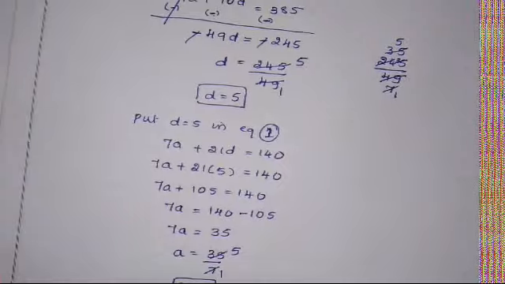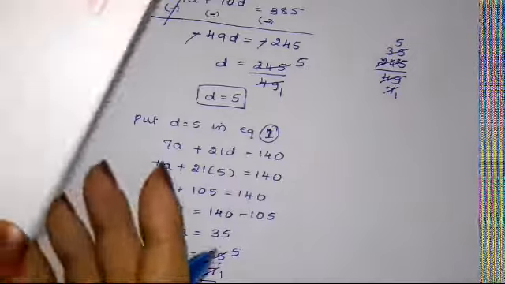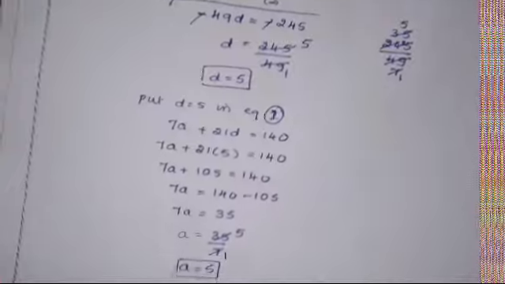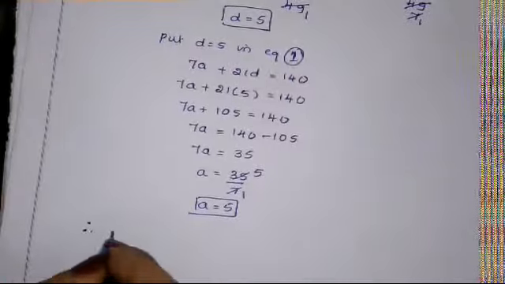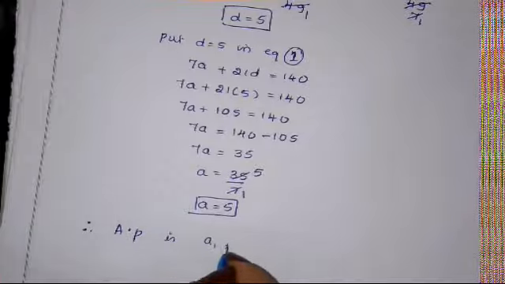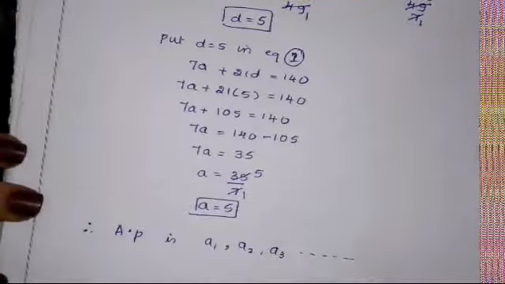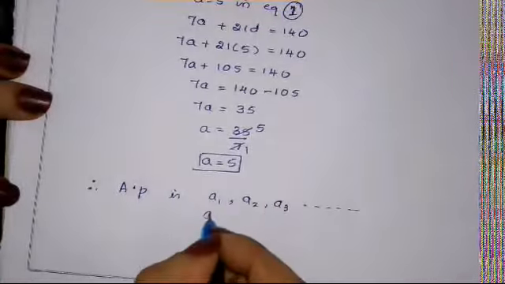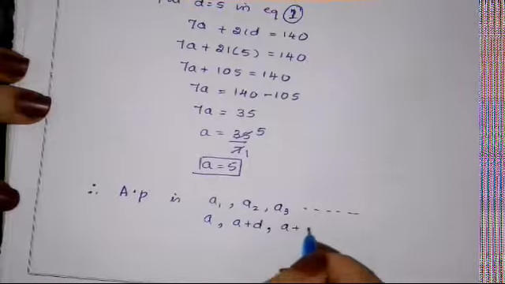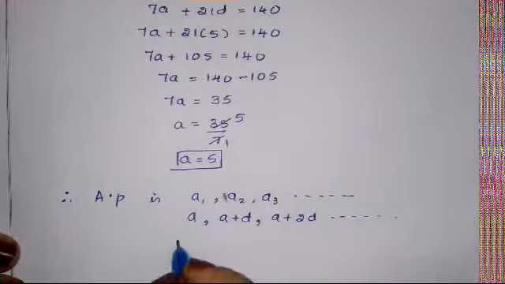So what they have told us to find in this question is the AP. Let us find the AP. Therefore, the AP is A1, A2, A3, like this. A1 is A, A2 is A plus D, A3 is A plus 2D. We'll put the A value as 5.